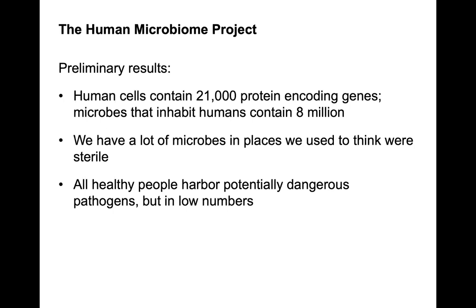We have a lot of microbes in places we used to think were sterile, and all healthy people harbor potentially dangerous pathogens, but they tend to live in low numbers. And a lot of the good microbes are really what are keeping a lot of those bad ones in check.